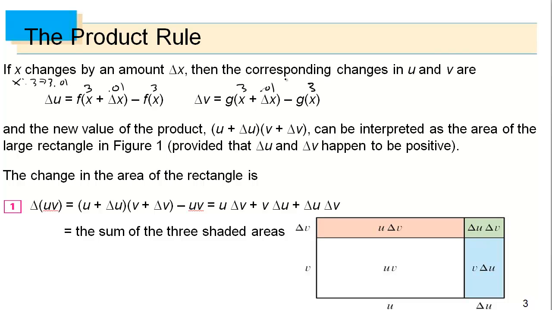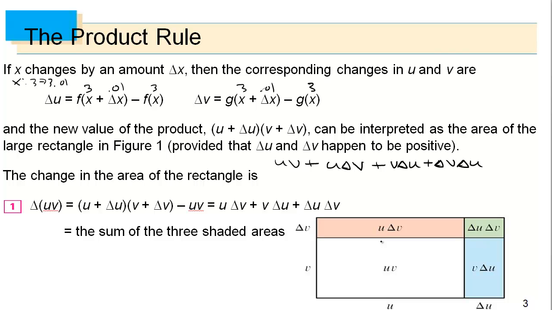When I say the large rectangle, I mean the whole thing, all three colors plus the white bit. Because if you FOIL this out, you get uv, that is u times v, plus u delta v plus v delta u plus delta v delta u, and that's all of those four pieces put together.